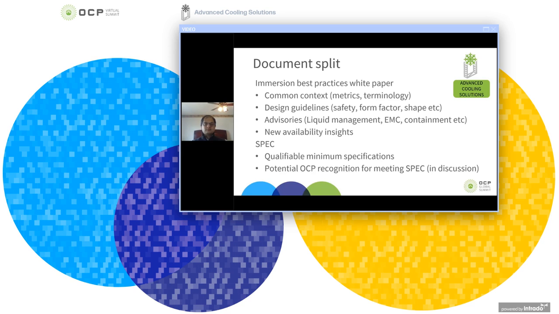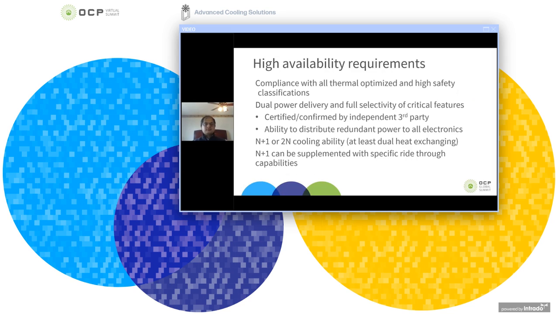Then, as well, one of the new elements which is newly introduced in the white paper is the high availability requirements. Regarding the high availability requirements, we've already established a few feature classifications. This is one of the new classifications that we've described in the white paper by now.